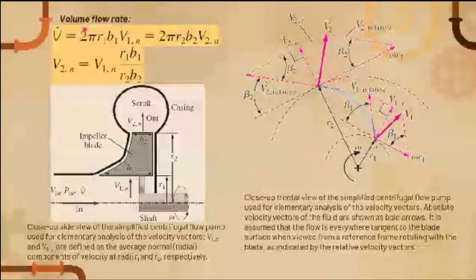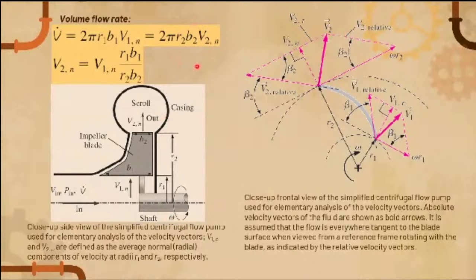They are constant, whatever going in will come out. Therefore, if there's a change of the B, because it's getting a smaller outlet over here, smaller opening, then the V will be higher. The R will be higher as well because the R is big.